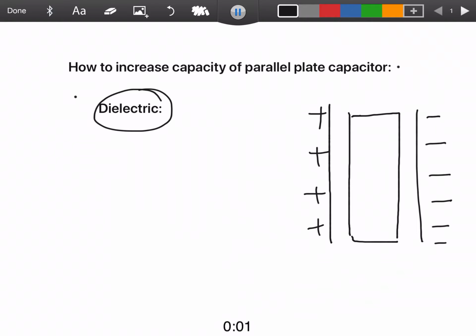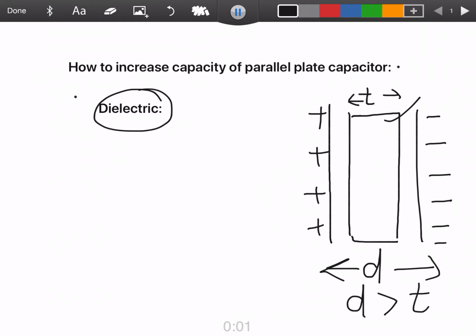So this is a dielectric and thickness of this dielectric slab is T, whereas the total separation between two plates of parallel plate capacitor is D. So here we are taking D is greater than T. So now we will be understanding the electric fields.